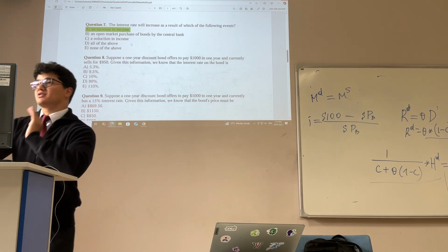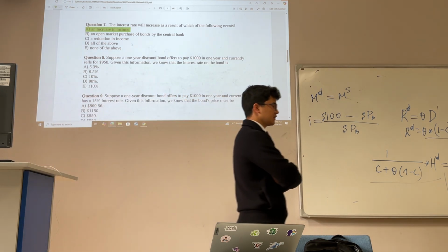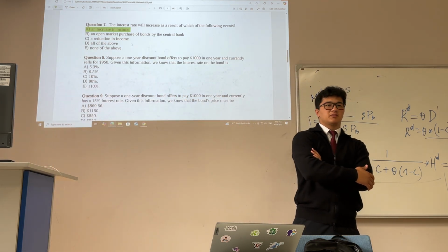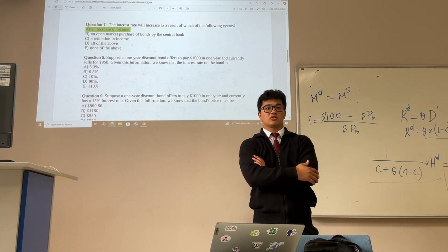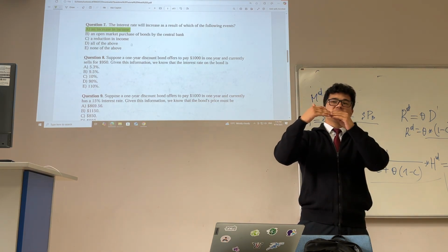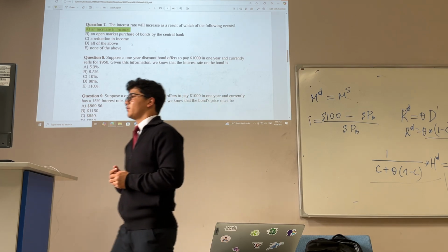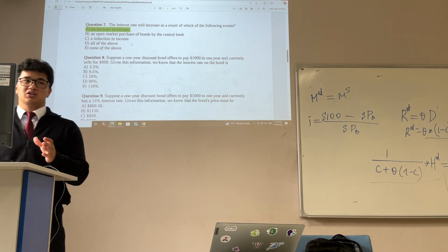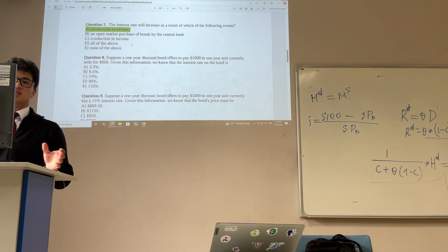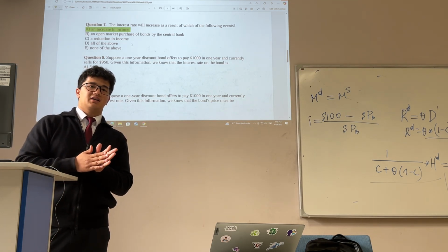No, reduction in income means that you are consuming less. You're consuming less means people don't have much money, so interest rate will not be higher. If interest rates become higher and higher, people will be living in very poor conditions.